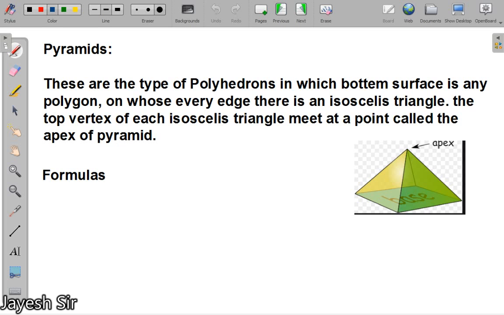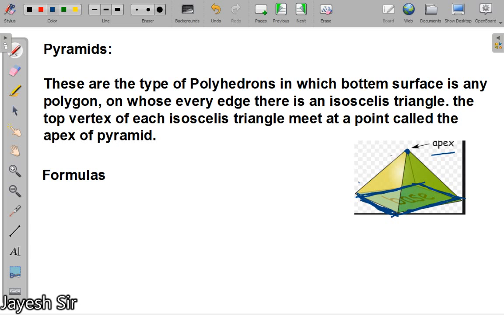Okay, a pyramid is where you have a base of any kind, a polygon base. On every edge of this polygon base you have an isosceles triangle. On every edge there is an isosceles triangle, such that all these triangles merge at the same point. These all triangles merge at the same point, that is called apex. So one isosceles triangle from here, another from here, another from here, and lastly from the back side.